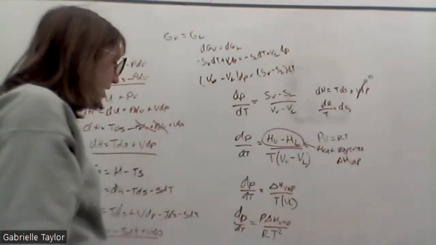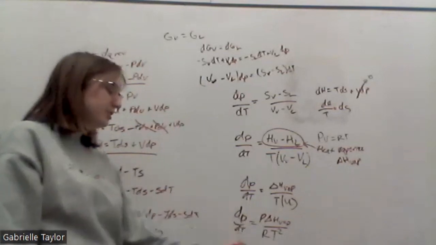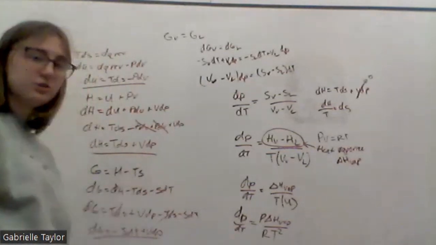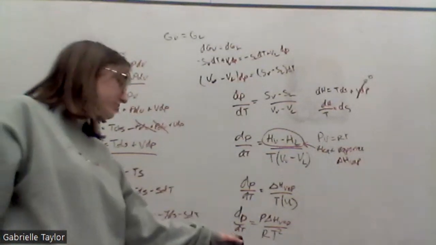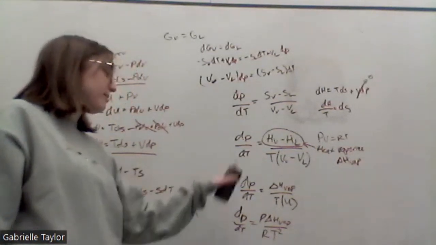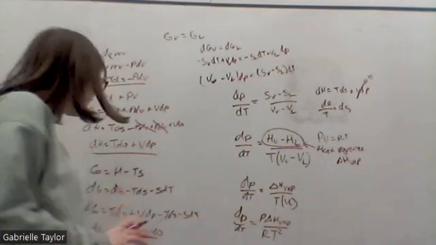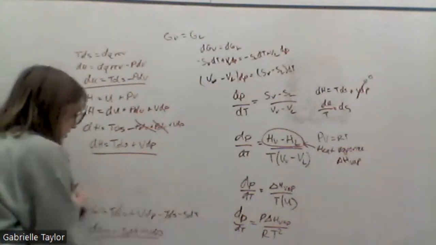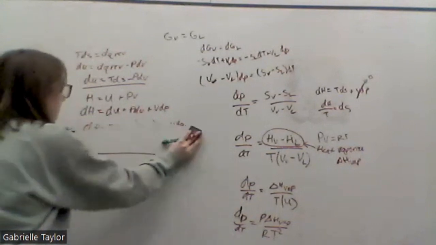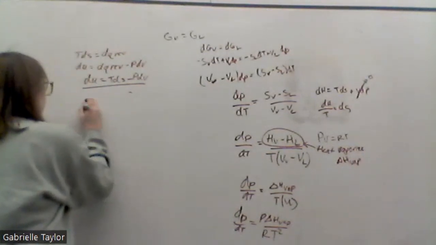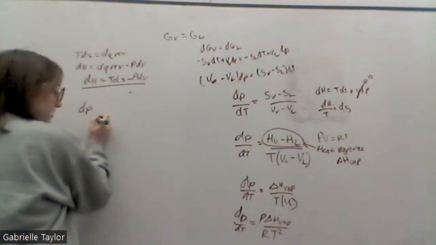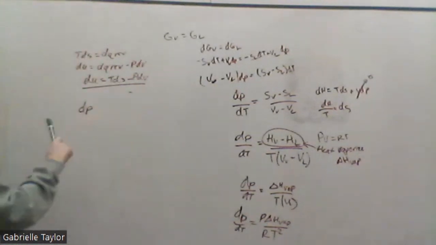Okay, so now at this moment, we have pressure and we have temperature. We can integrate both sides and separate our values. So this is a differential equation. So we have dP, and then we'll move the pressure to this side.